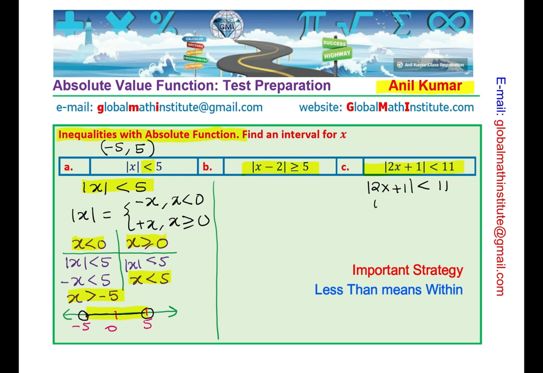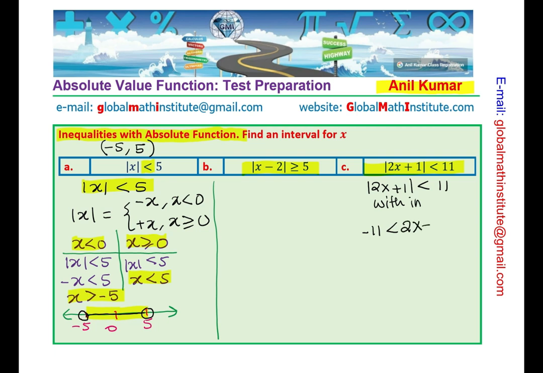So, less than means within. You understand? Within what? Within minus 11 and plus 11. You understand? So that means this 2x plus 1 is greater than minus 11 but less than 11. That is the meaning of absolute value function less than some value.